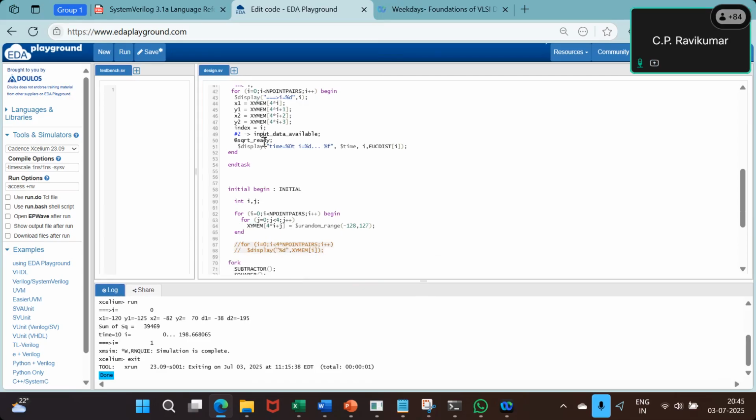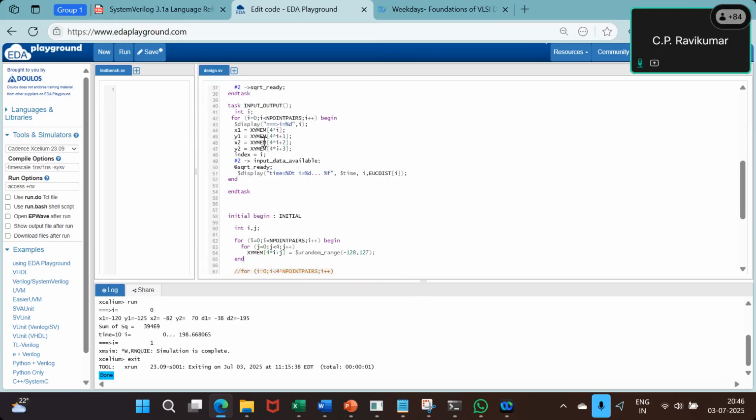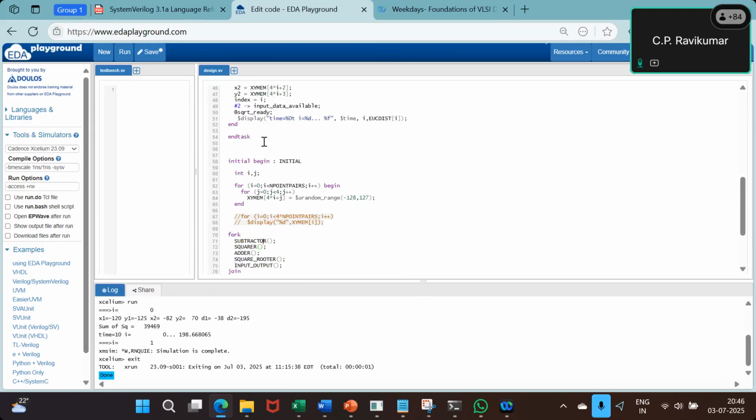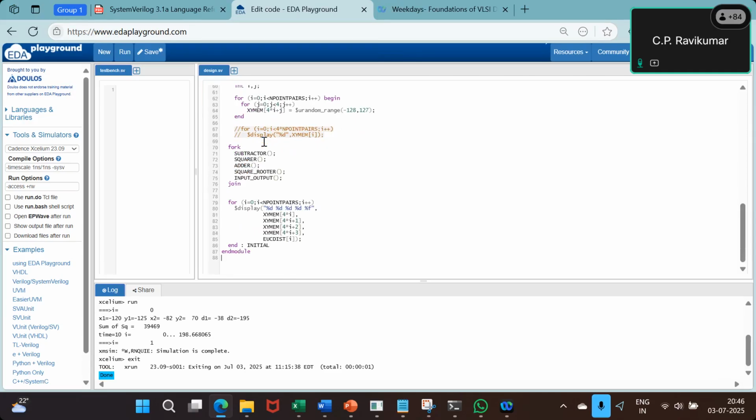Not correct because if these are indeed parallel, right? They're all running parallel. Time was 0 here. So it should have said time is 2, but it is incrementing time everywhere.